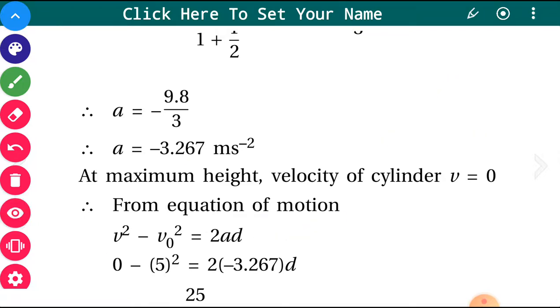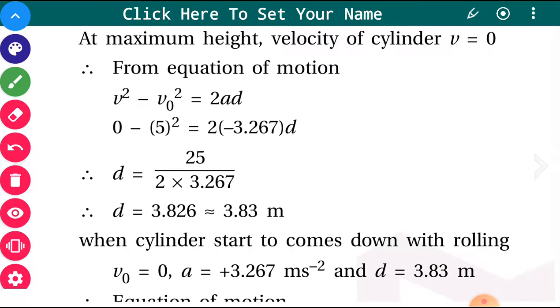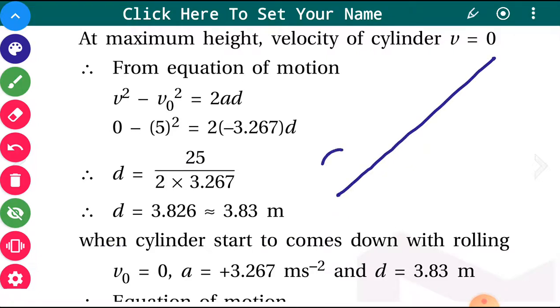Its velocity initially, rather it is going in the upward direction. Try to understand, it is an opposite concept. The cylinder is moving in the upward direction, so it will have initial velocity. Initial velocity is 5.